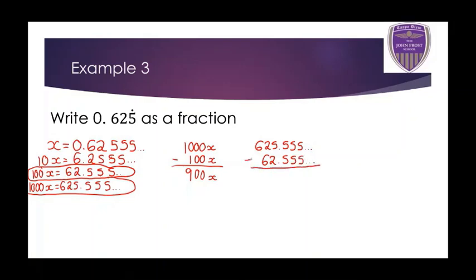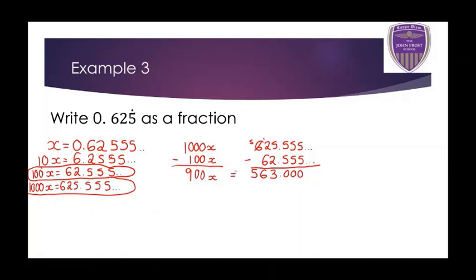Take these away. So everything after the decimal point is going to cancel to 0, because 5 take away 5 is 0. 5 take away 2 is 3. I can't do 2 take away 6, so I have to borrow 1. 12 take away 6 is 6. 5 take away nothing is 5.